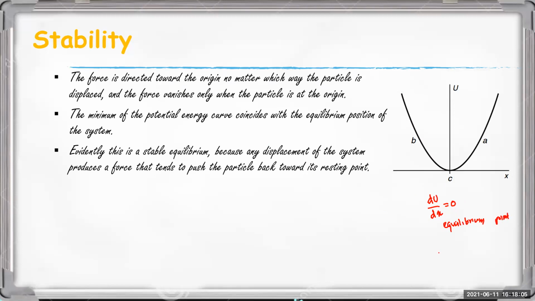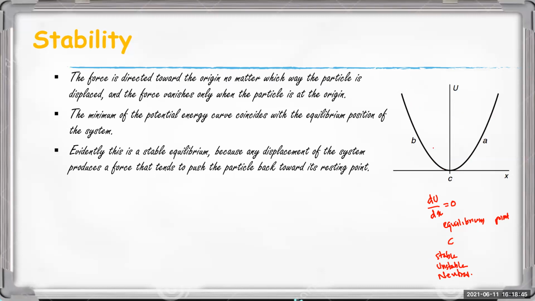So C is an equilibrium point. And the equilibrium may be stable equilibrium, unstable equilibrium, or neutral equilibrium. It depends on the conditions, or on the potential energy curve.